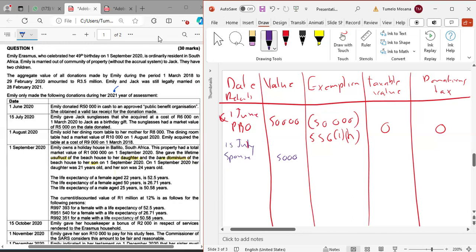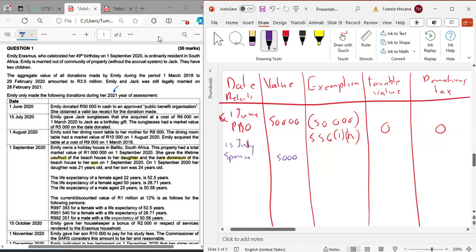Even though you are married out of community of property, there are exceptions where they can take you both, especially on the income, but on an asset, you are the same people. It is like you buying something and giving it to your spouse. It is still within the same household. Nothing literally changed.